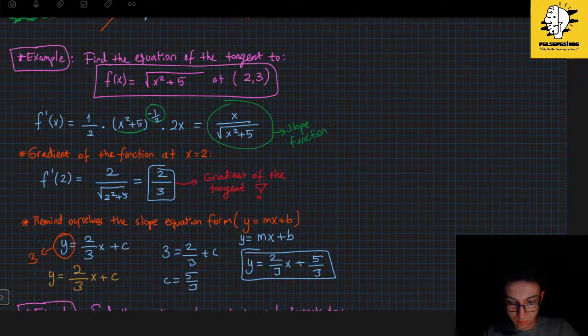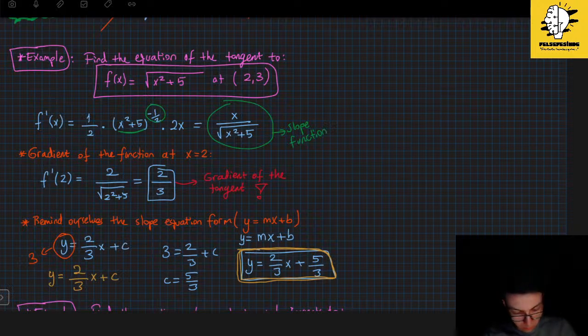If we put 3 in the place of y, then we find c is 5 over 3. And at the end, we can construct our equation, as I highlight. This is the equation of the tangent. I know that it took a bit long, but it's very important to remember this.